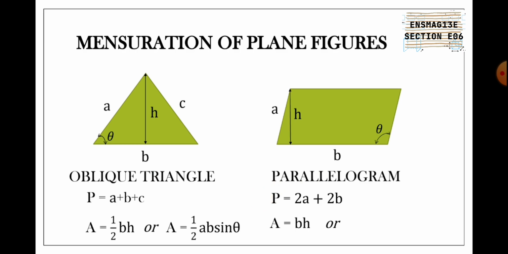And for the area, we have base times height. That is, if the height of the parallelogram is given. But if our parallelogram has an interior angle theta, we can also use the formula AB sine theta.